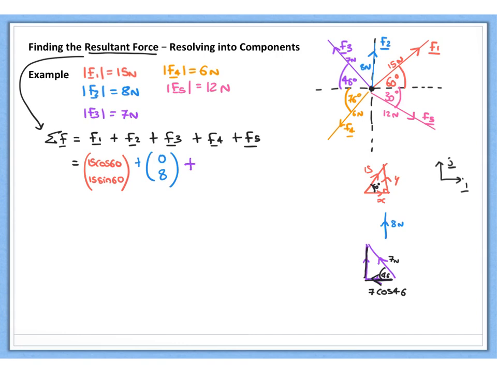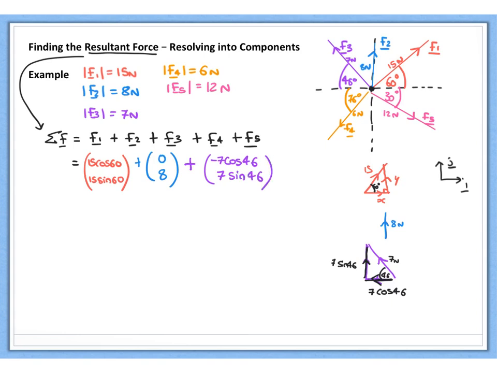This component here is vertical, upwards, so it's 7 sine 46, sine because it's opposite the angle 46 degrees. Now, directions: the cos component, the i component, is negative, it's going to the left, so it's negative 7 cos 46. The j component, vertically upwards, is 7 sine 46.